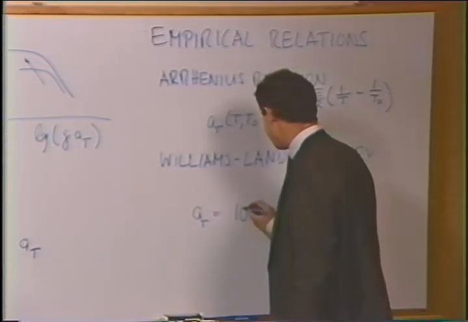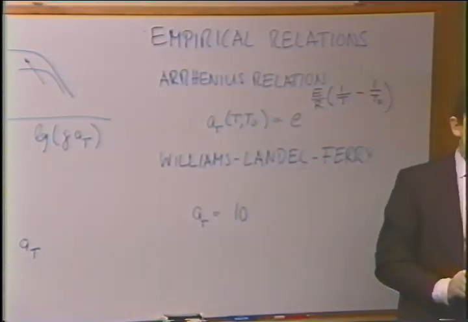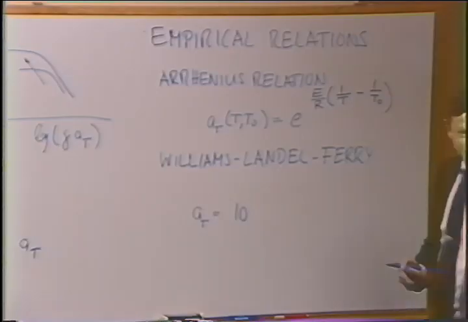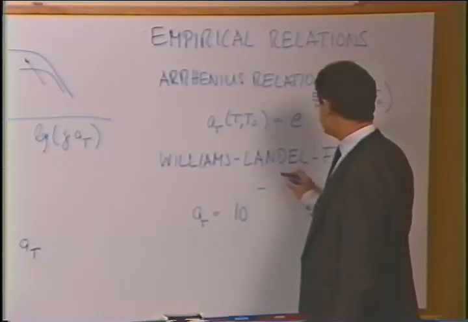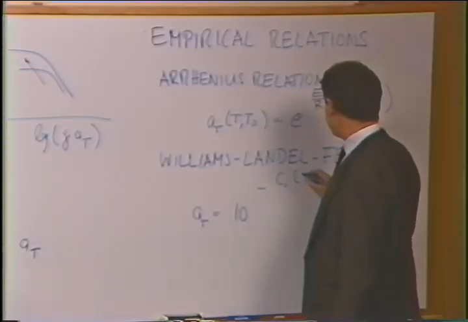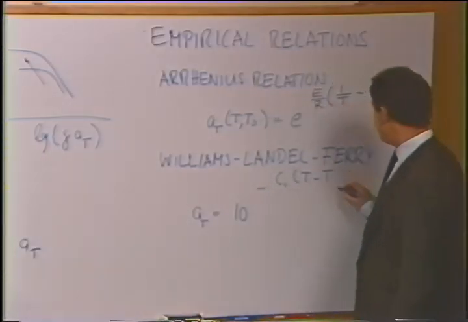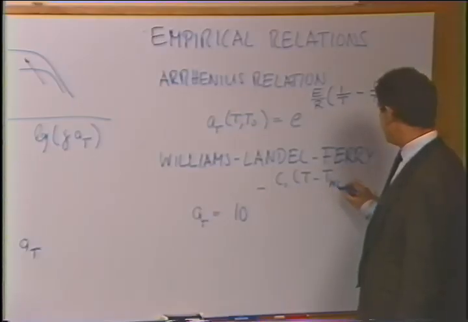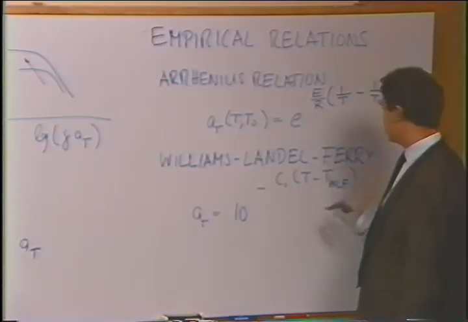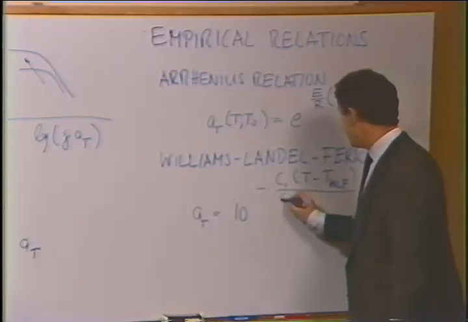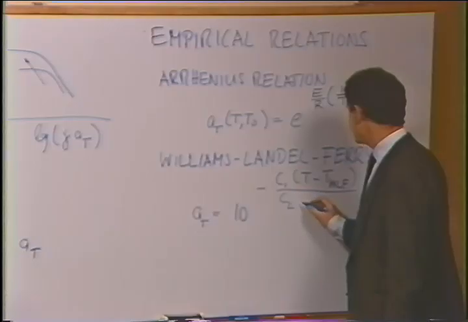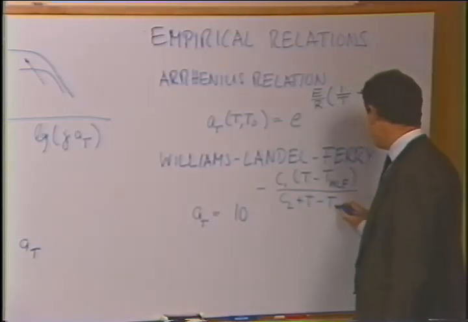So it's 10, maybe because they plotted their data on log papers, with decimal system. So it's 10 to the minus C1 times T minus TWLF, let's call it, a material parameter, divided by some second constant, C2, plus T minus TWLF.